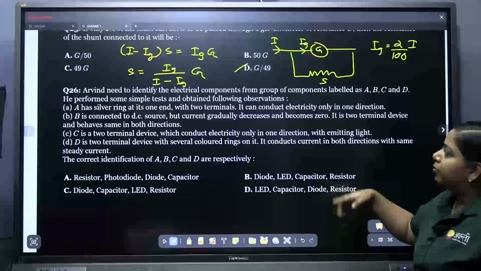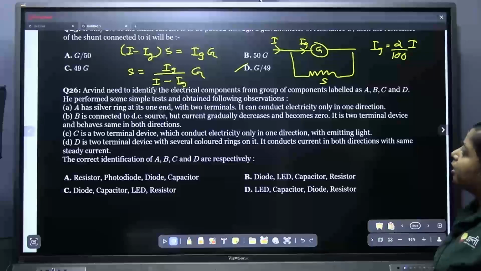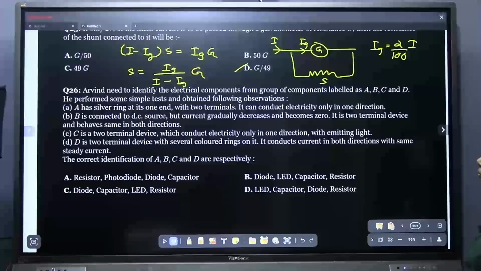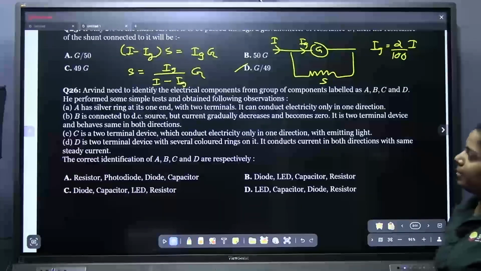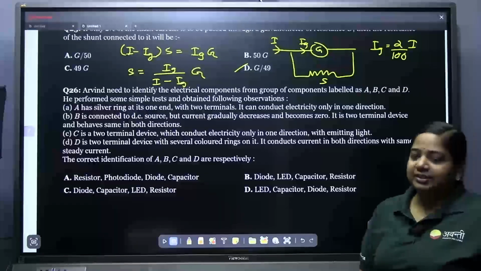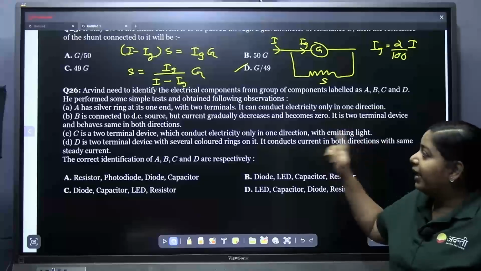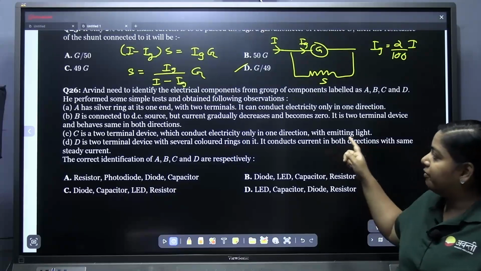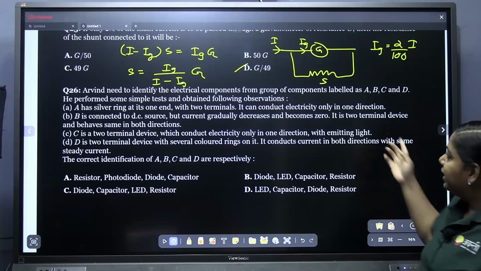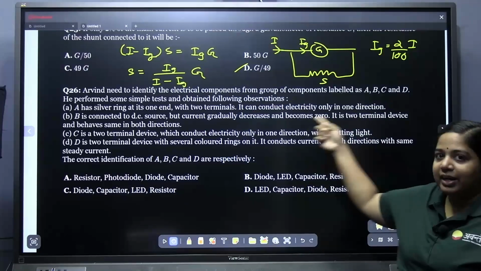Next one. Somebody needs to identify the electrical components from a group of components labeled A, B, C, D. They perform some tests and get the following observations. A has a silver ring at one end with two terminals. It can conduct electricity only in one direction.